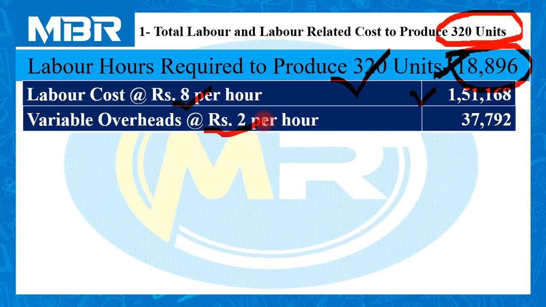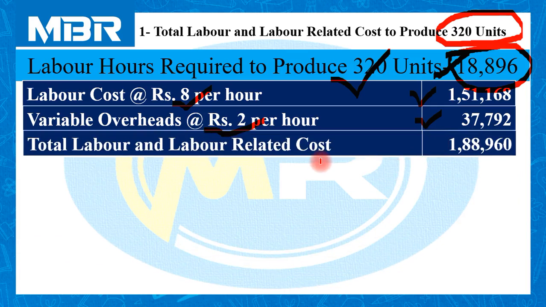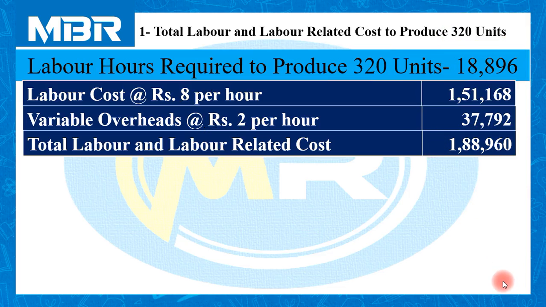Variable overheads are also based on labor hours, and the rate of variable overheads is rupees 2 per hour. So 18,896 multiplied by rupees 2. So variable overheads to manufacture 320 units are 37,792, and total labor and labor related cost will be 1,88,960.